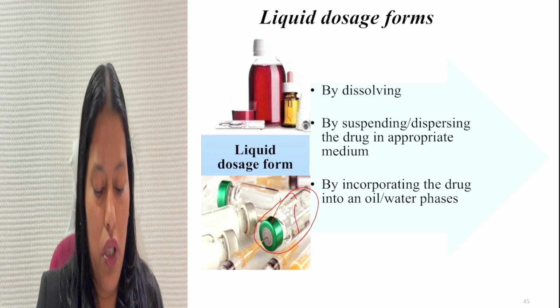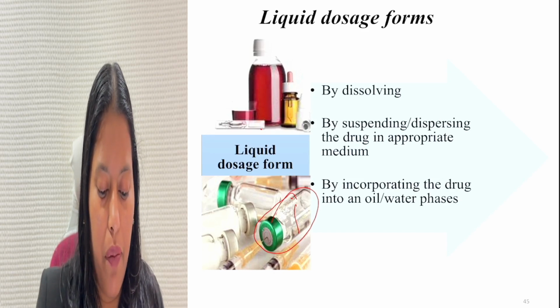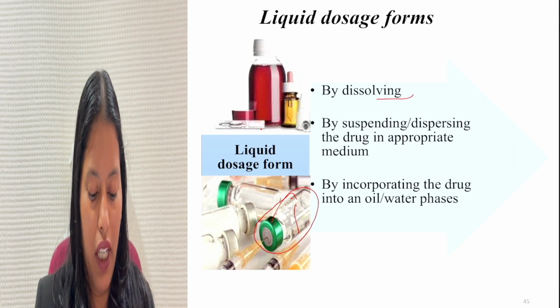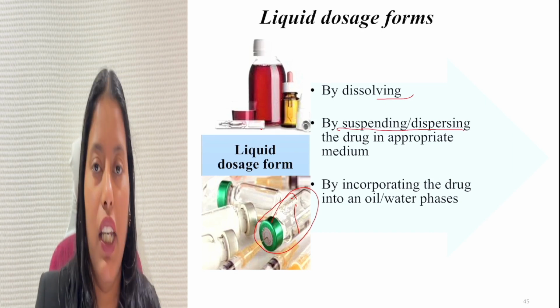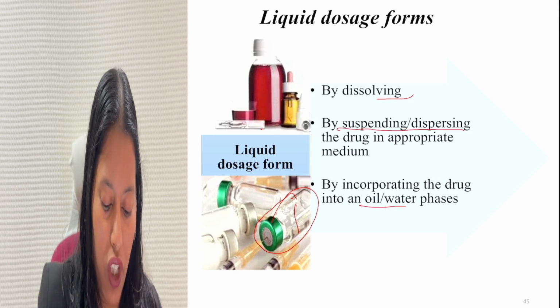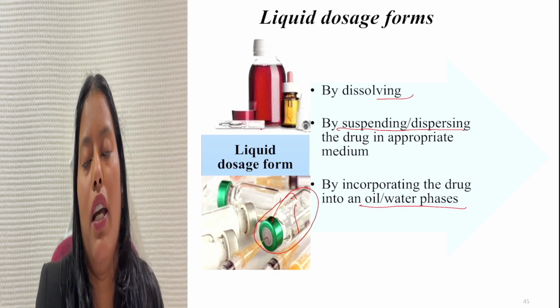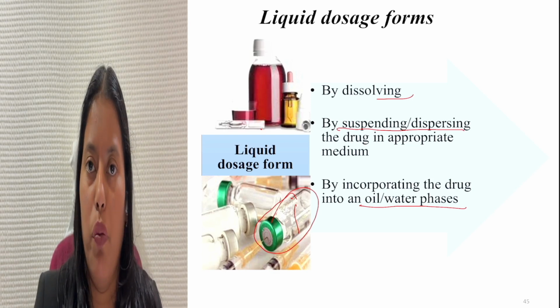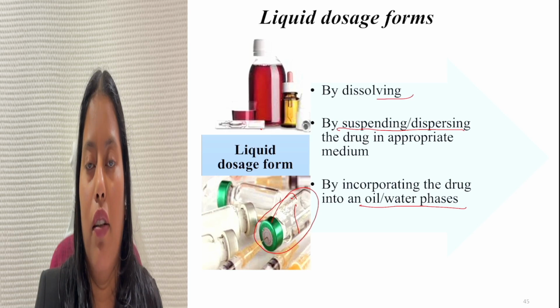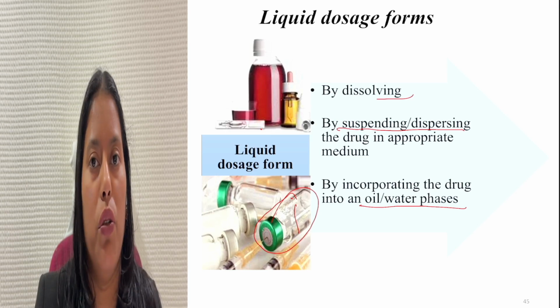Now, this liquid dosage form is prepared by dissolving, dispersing or suspending, or by the emulsification method. So if your drug has good solubility and poor compression property, you can formulate your drug as a liquid dosage form.